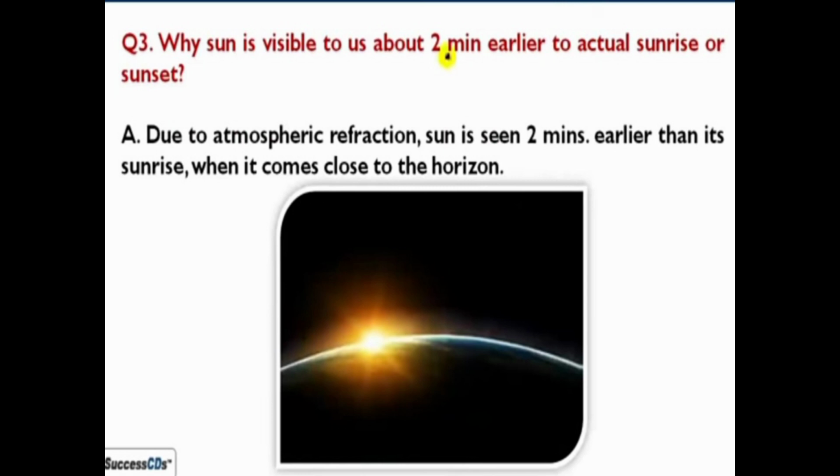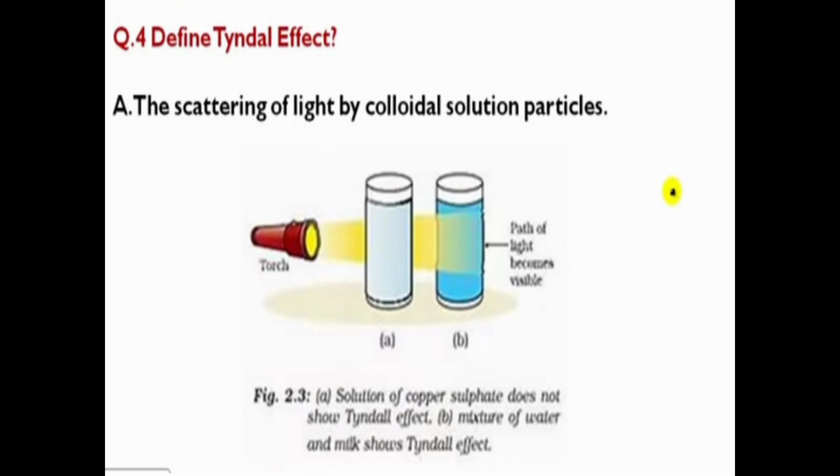As the sun comes closer to the horizon, before sunrise it is seen earlier. Before sunrise we can see it 2 minutes earlier, and it gives us a delayed sunset. I hope that I am clear.